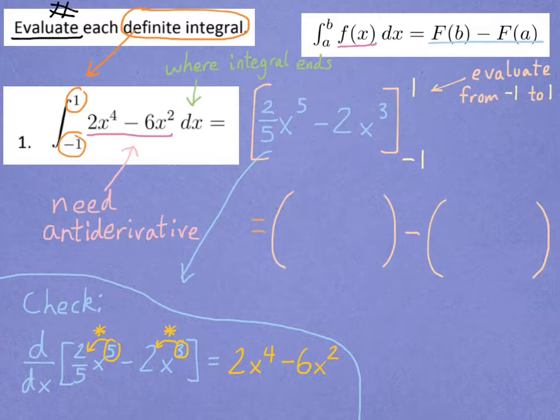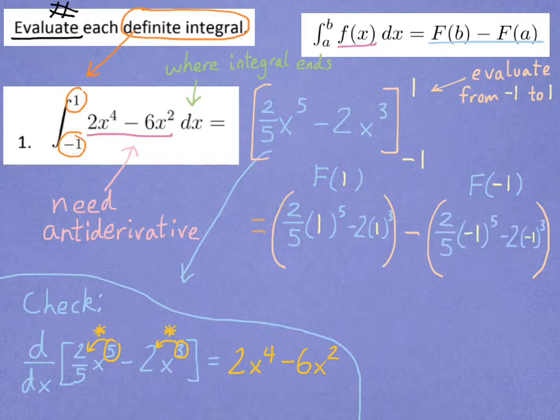Big parentheses minus big parentheses, for the simple reason that it will keep you from making mistakes with your negative signs. Okay, so that first parentheses represents the antiderivative evaluated at b, in this case capital F of 1, and the second parentheses is for the antiderivative at a, or capital F of -1. I'm just simply plugging in these numbers. So in the first parentheses, I'm just going to replace x with 1, and in the second one, I'm going to replace x with -1.